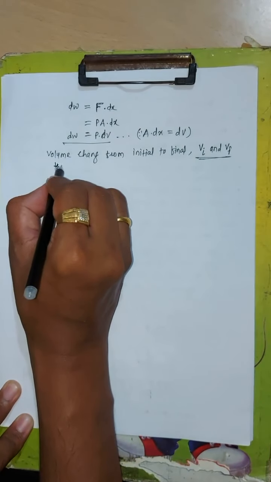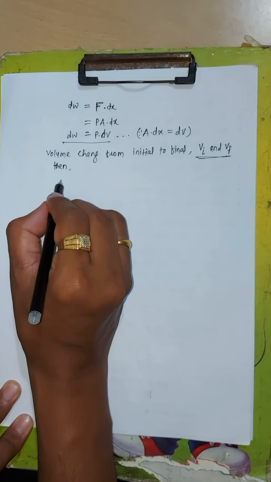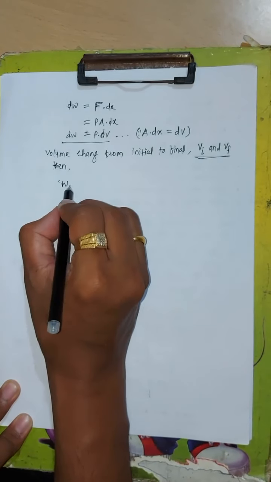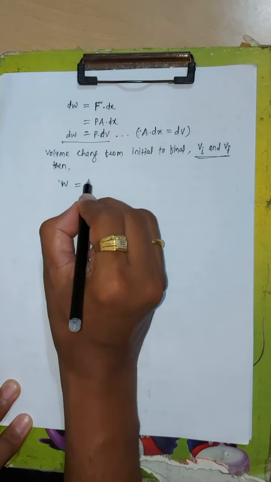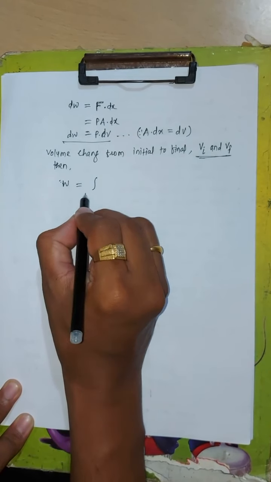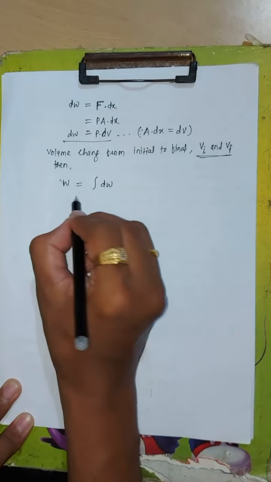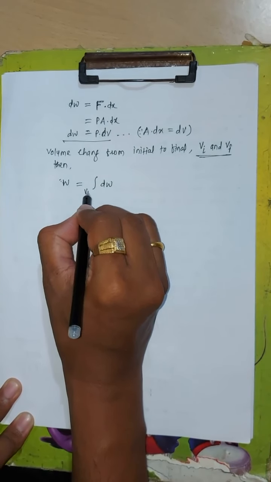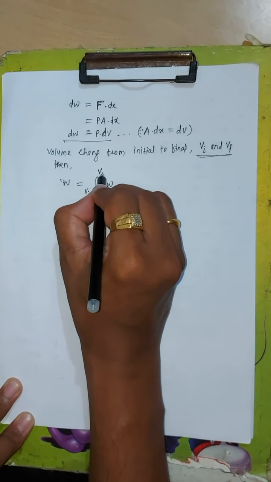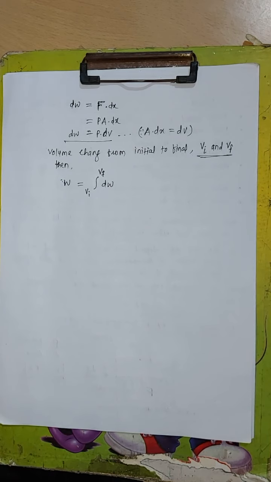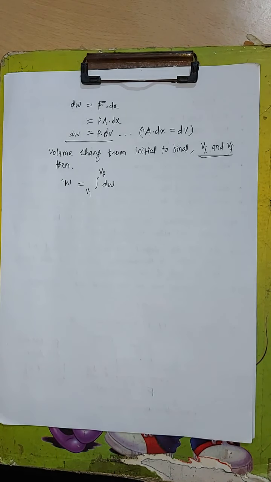Then the equation should be written as, this is the work done, that is W, and it is the integration of dW, where that volume can be changes from Vi to Vf. Okay, so this is the finite volume that will be changes from Vi to Vf.